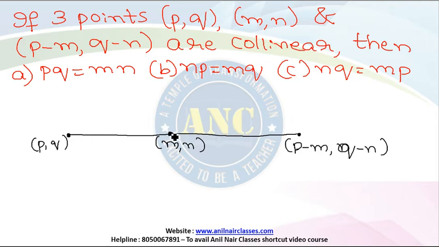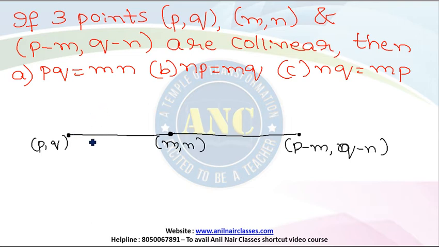That means, can I say that this is the diagrammatic representation? Now, how to derive which among these three is the right one? Now see here, very simple. Can I say that because all the 3 points are lying on the same line, the slope of any 2 points, the slope of the line should be the same, right? Simple. The slope of the line should be the same because it is one complete line. There are 3 points which are joining that line. Simple, right? The slope of the line should be the same.